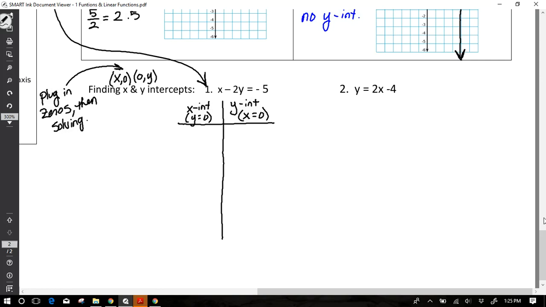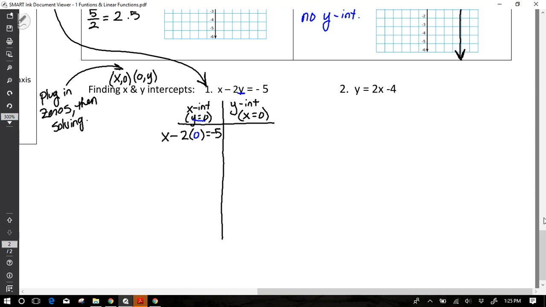So I am going to bring down x minus 2y equals -5. And I am going to plug in a 0 for the y. And now I'm ready to solve this.